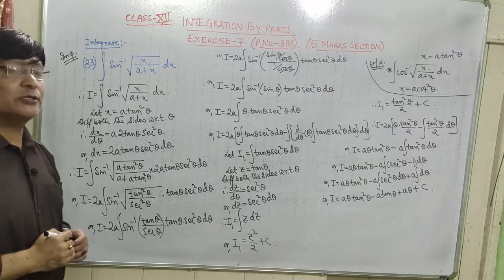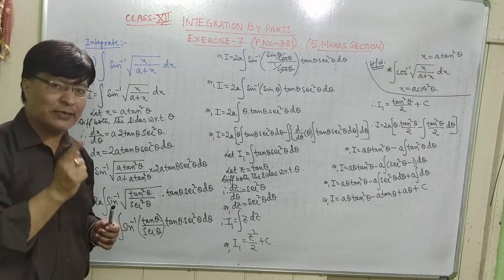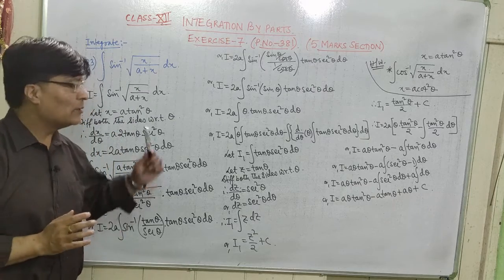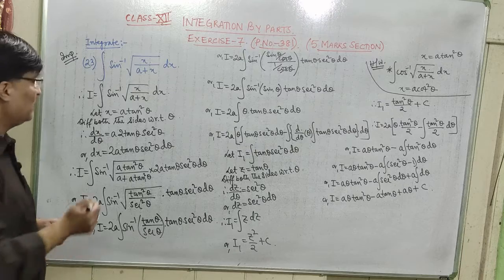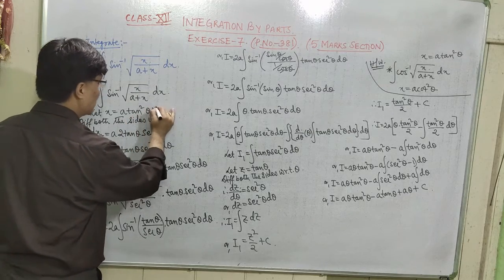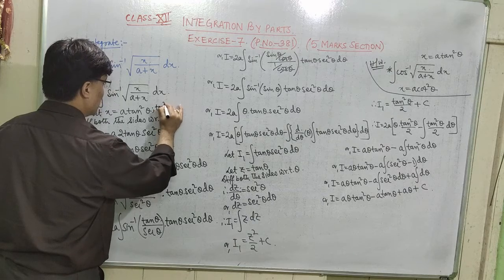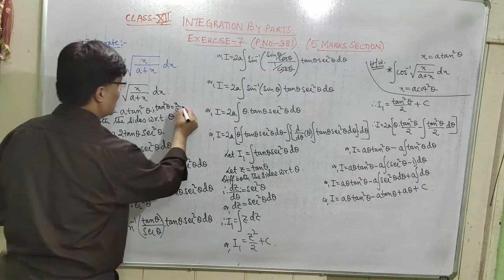So I think you have understood it, but this is not your answer. You cannot leave the answer in terms of theta, but you have to get the answer in terms of x. Now from here you have to get the value for theta. What is tan square theta? Here tan square theta is equal to x upon a, right?